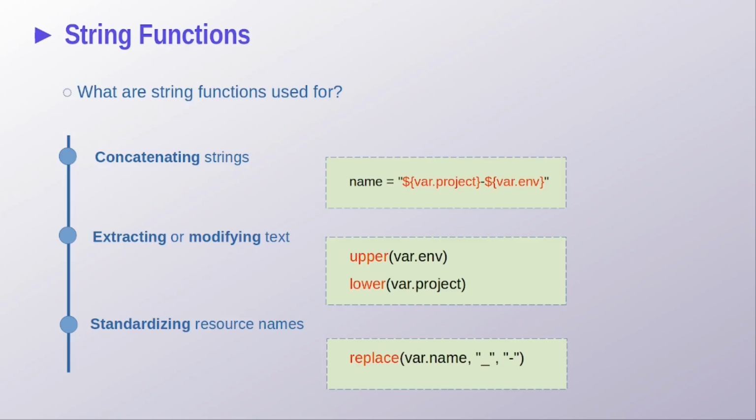Very useful when input data comes from humans. You want standardized resource names. Terraform does not guess what you want. You must explicitly transform data. String functions help you do that safely.